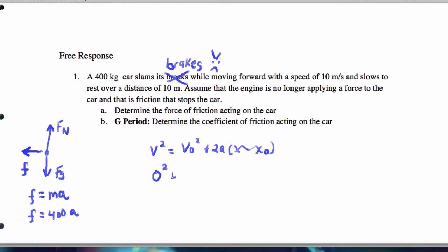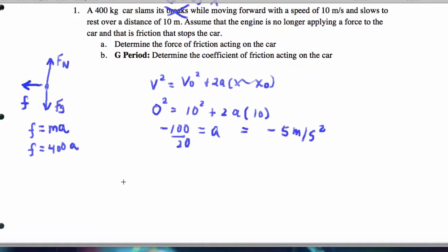0 squared is 10 squared plus 2 times A times X minus X naught. That's going to be 10 meters. And so when we isolate, we're going to get 100 over 20 is A. And so we're going to end up getting -5 meters per second squared for our acceleration.